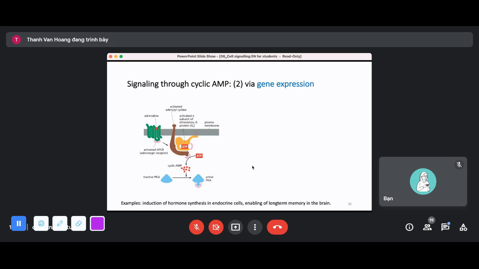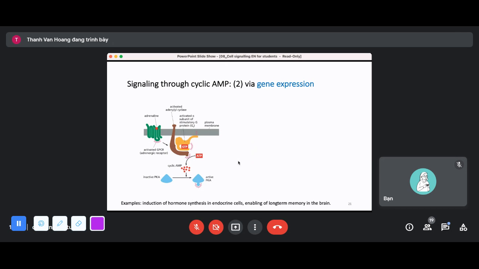As we said, cyclic AMP can induce or activate downstream enzymes, for example, it changes the enzyme activity of metabolism. It can also induce or inhibit gene expression.